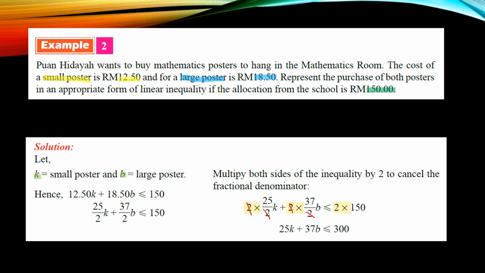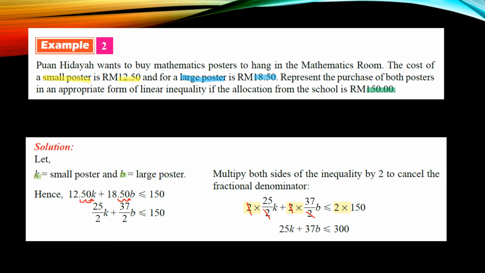So another method, maybe you find difficult that you don't know that 12.50 is 25 over 2. But what you can do, you can move the decimal place. That means you move the decimal point 2 places. So here also the decimal point you move 2 places.